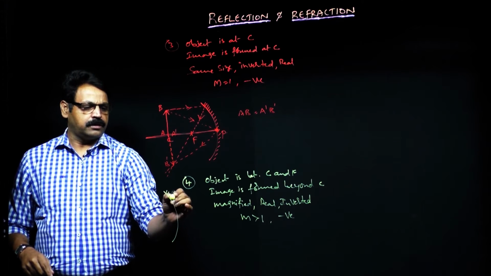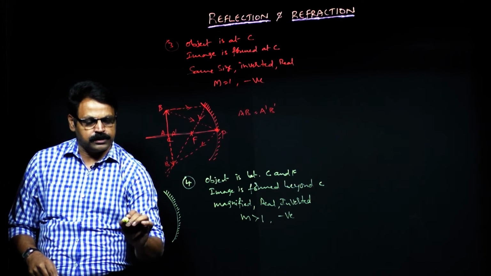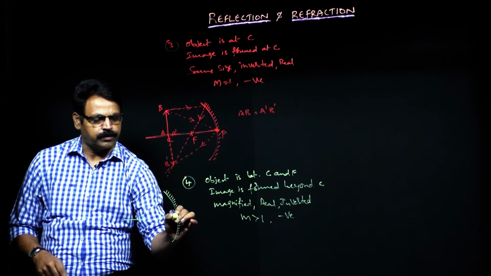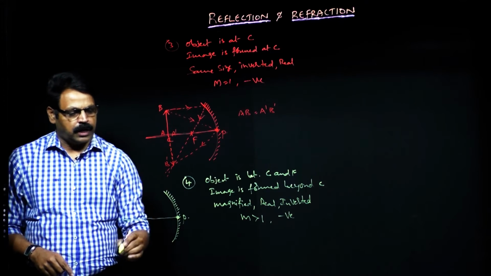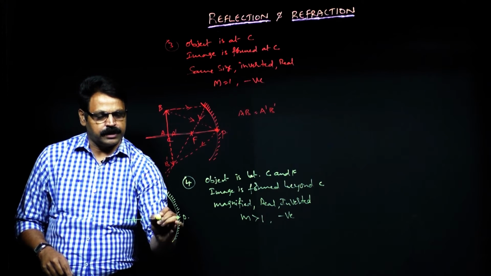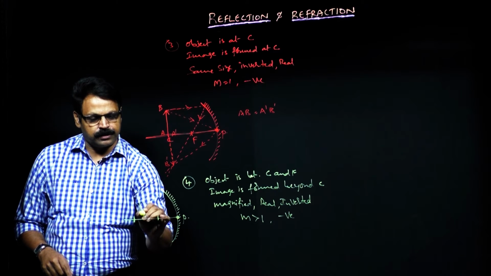So here you take the concave mirror and this is the pole. So this is the principal axis drawn from the pole, and now let us say this is C and this is F, and the object is somewhere here.